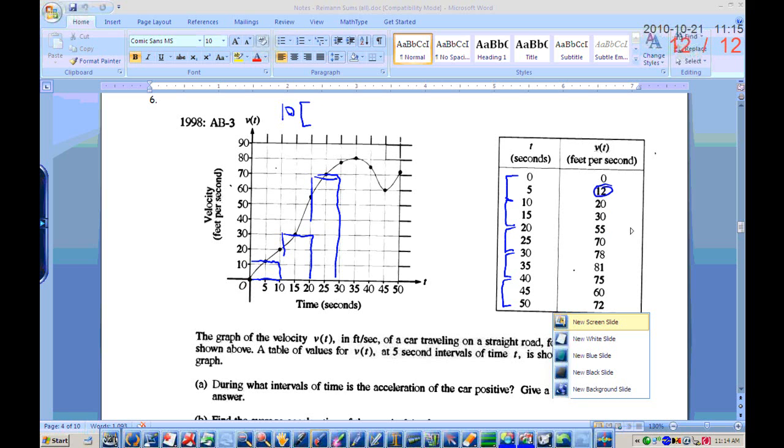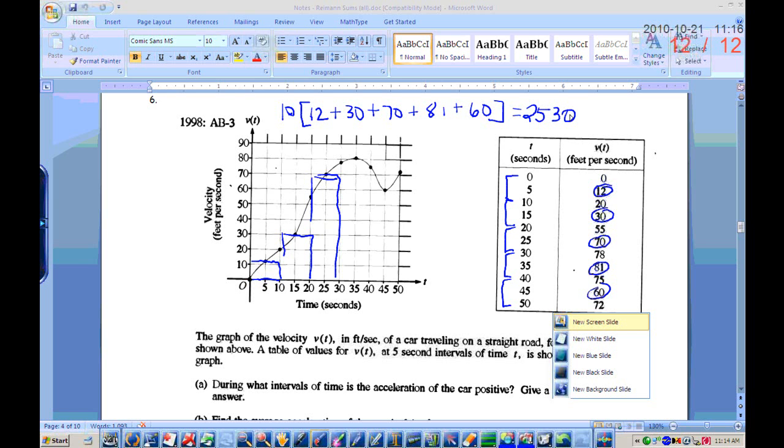Okay, the second interval, what's the height? 30. And then 70, 81, and 60. So I'm going to take 10 times the sum of those heights. Okay, and turns out when you add all that up, you get 2530. Yeah, that is all the work you need to show.